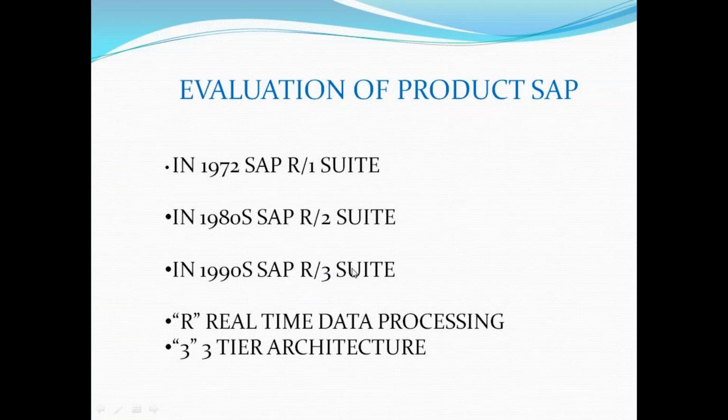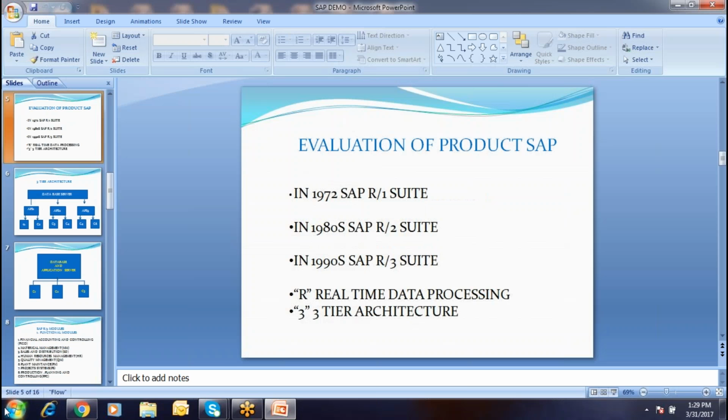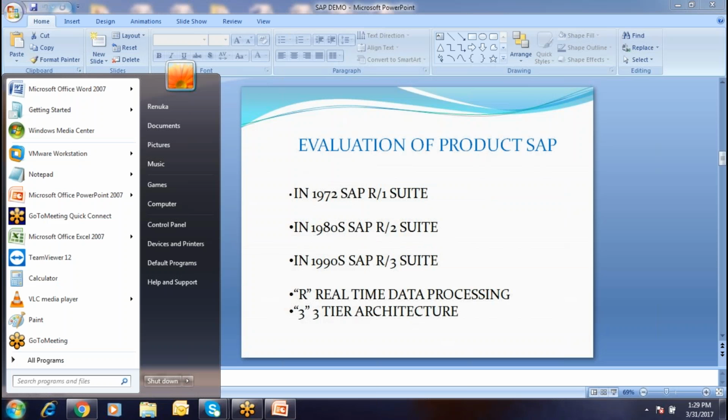Now we have only SAP R/3; R/1 and R/2 are totally outdated. The present version of SAP R/3 is ECC 6.0. What is ECC 6.0? Shall I write it?